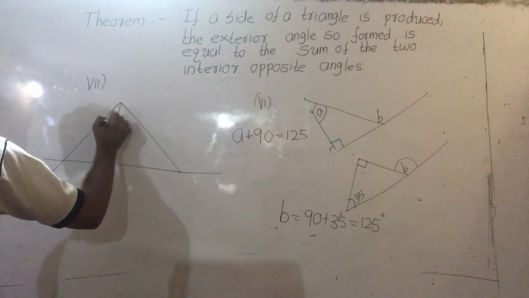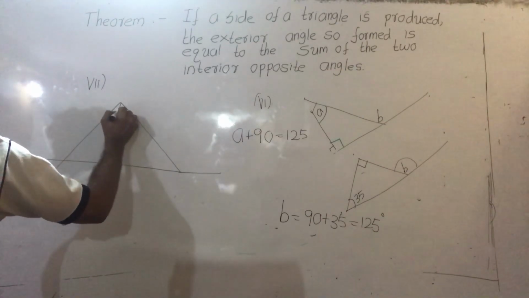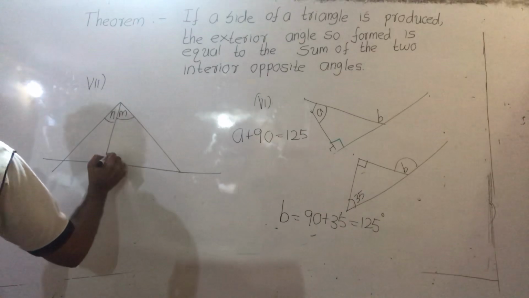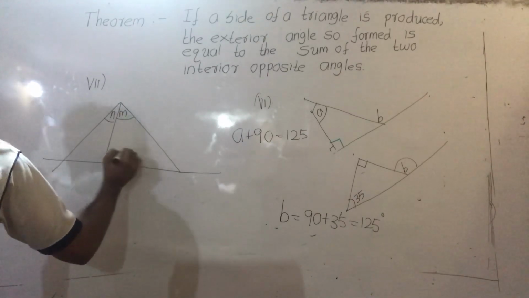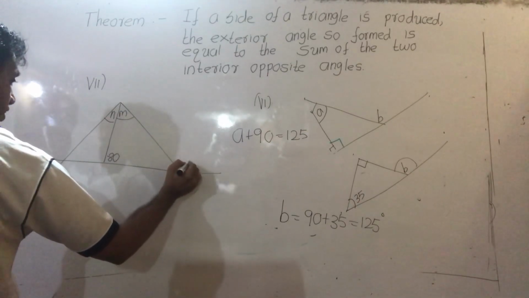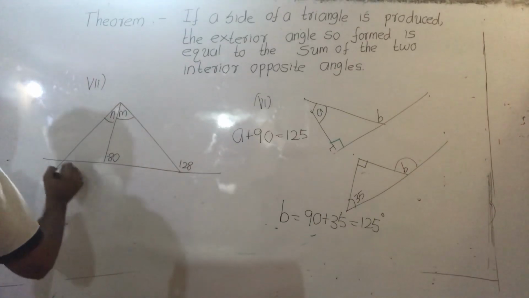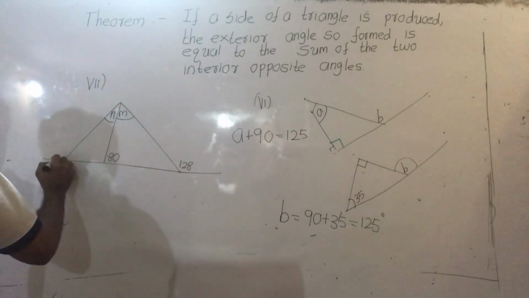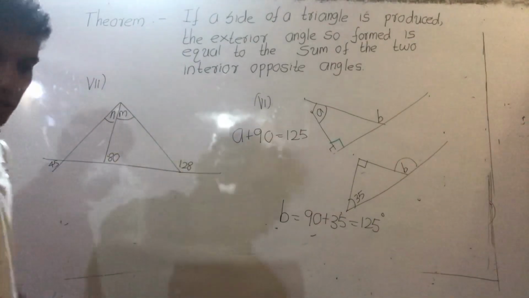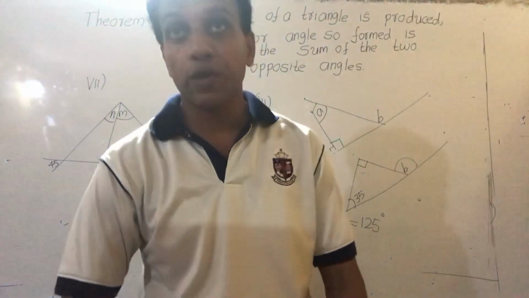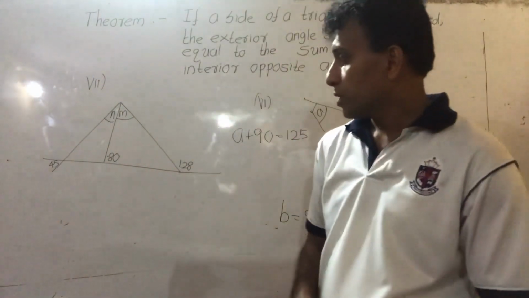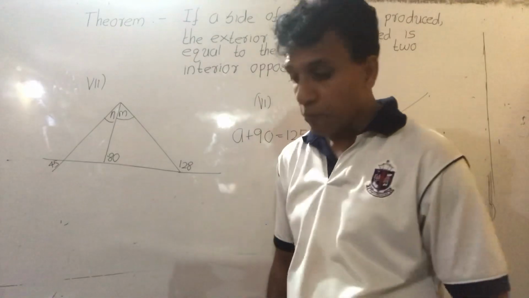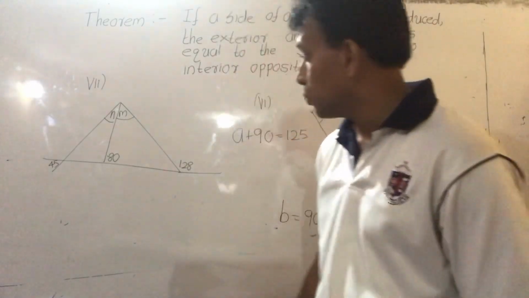This is N, this is M, here 80, this is 128 degrees, this is 45. Interesting problem. A suitable question for grade 9 like yours. Simple, easy. So see how to calculate the M value and N value.